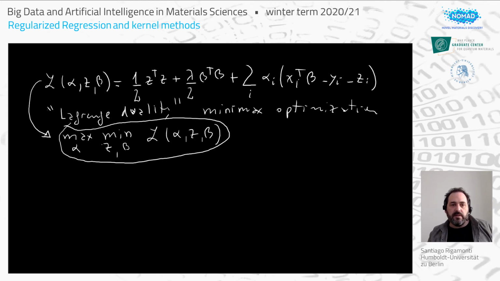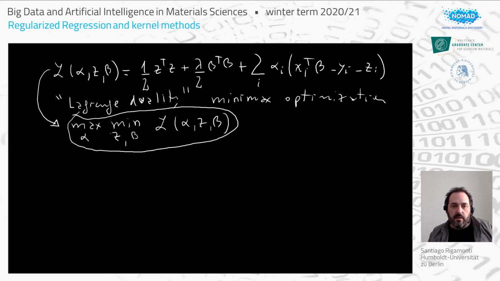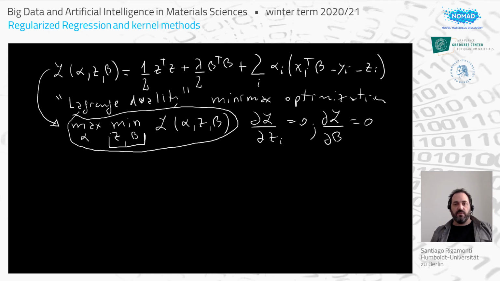What we do first is the inner minimization. We will start with this. If we want to minimize with respect to zeta and beta, we first have to calculate this derivative equal to 0, and then also calculate the derivative with respect to beta equal to 0. If we do it that way, we get a couple of equations. You can do it by yourself also. We get that zeta i minus alpha i is equal to 0, or what is the same, that the zeta i's will be equal to the alpha i's.